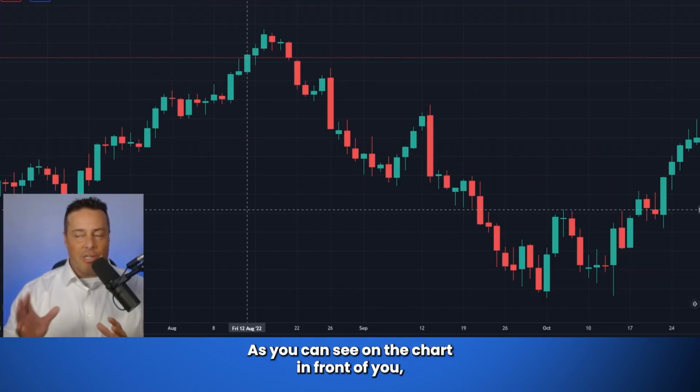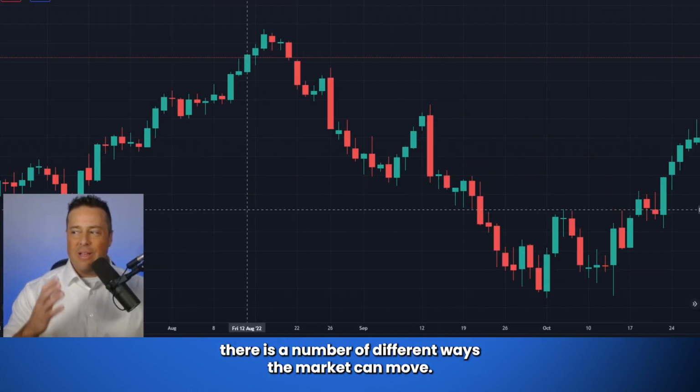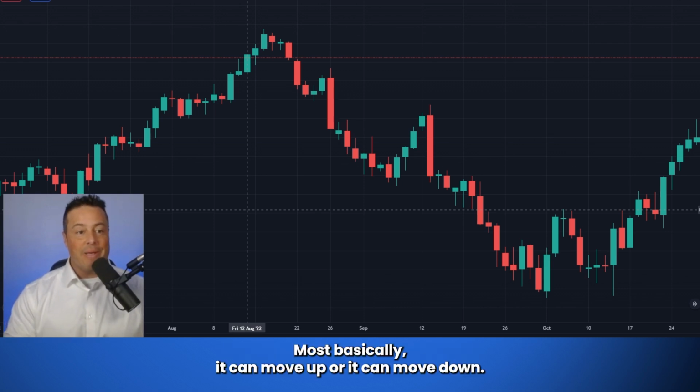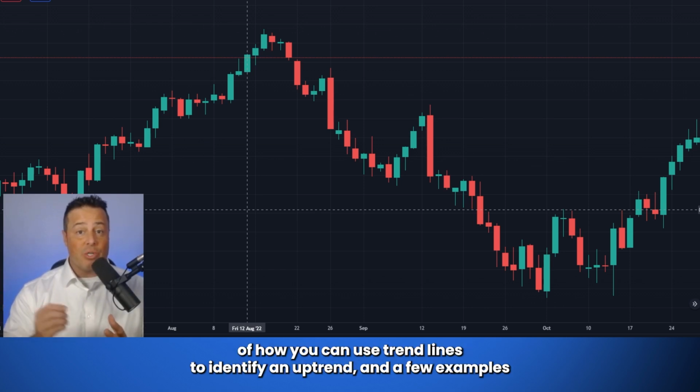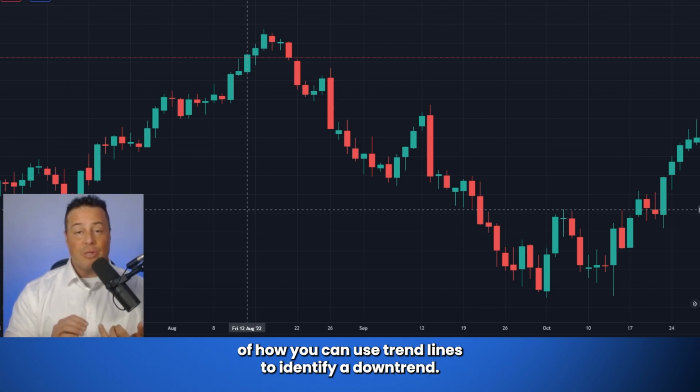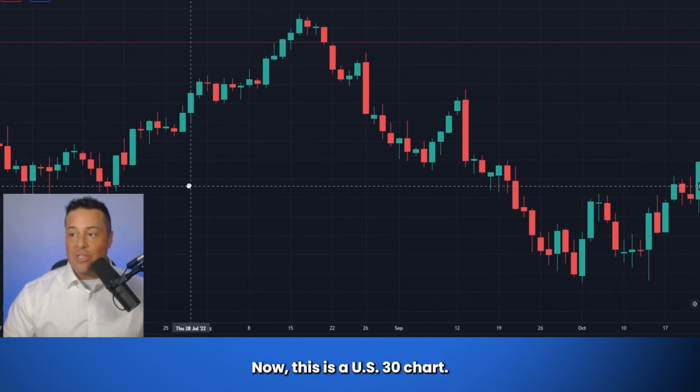Okay, as you can see on the chart in front of you, there are a number of different ways a market can move. Most basically, it can move up or it can move down. What we're going to do here is give you a few examples of how you can use trend lines to identify an uptrend, and a few examples of how you can use trend lines to identify a downtrend. Now, this is a US 30 chart.